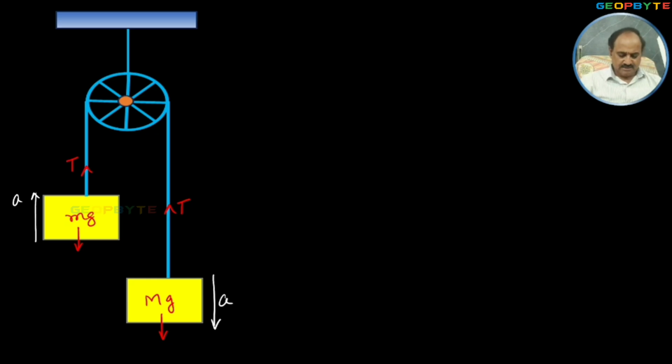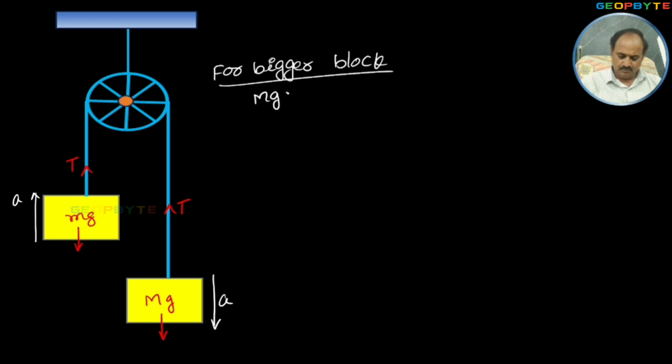With this, you can decide the tension. For the bigger block, let us write the force balance equation. Here capital Mg is more than tension. Therefore, Mg minus T must be equal to mass times the acceleration.